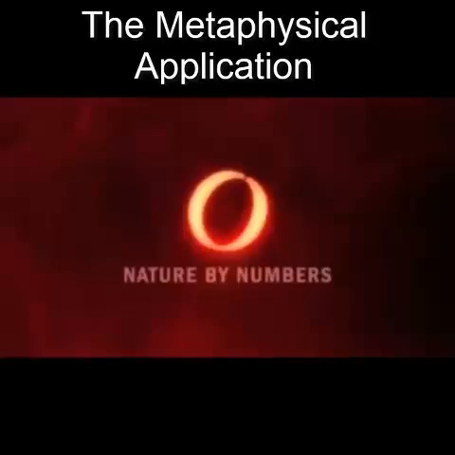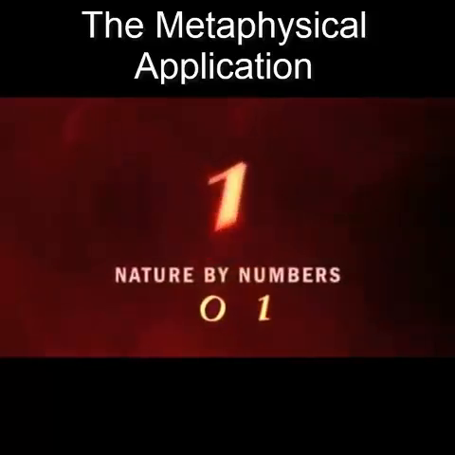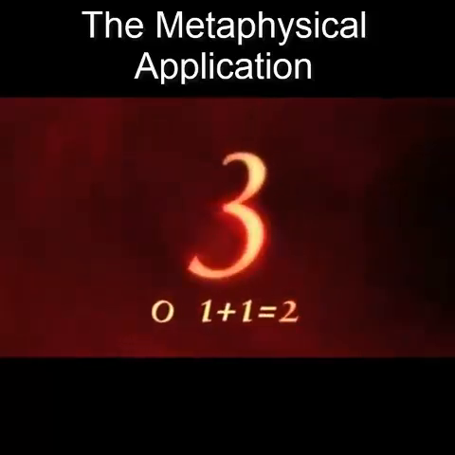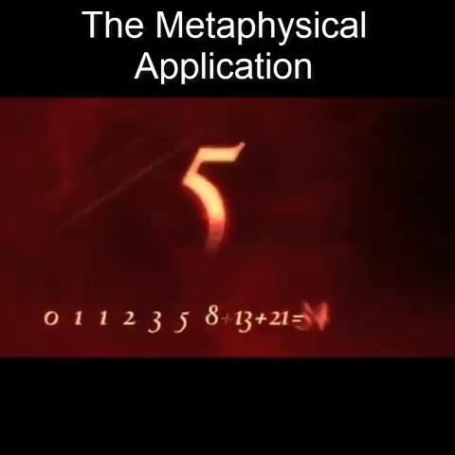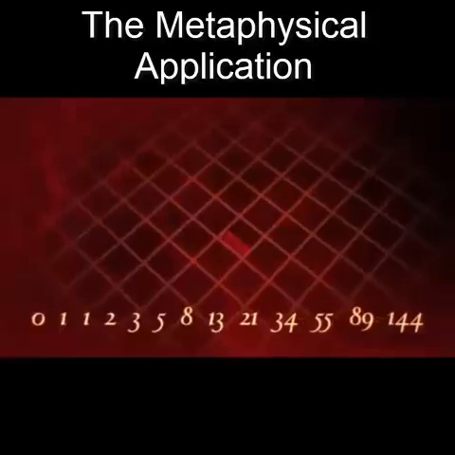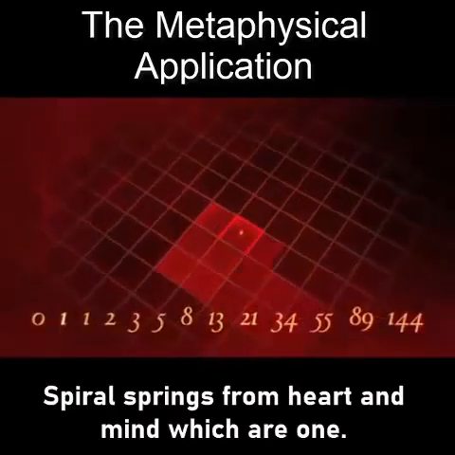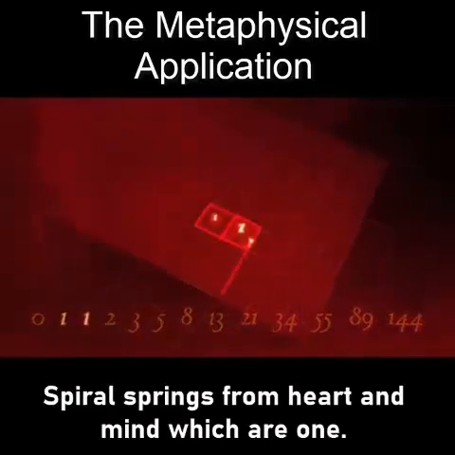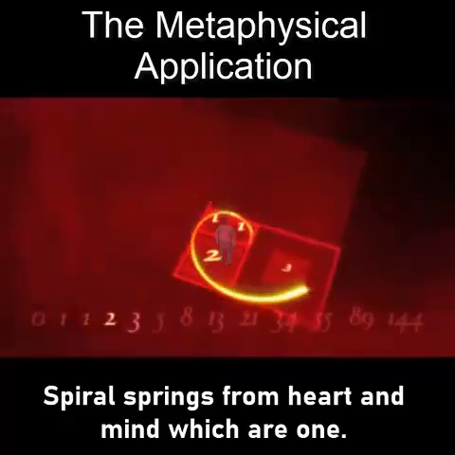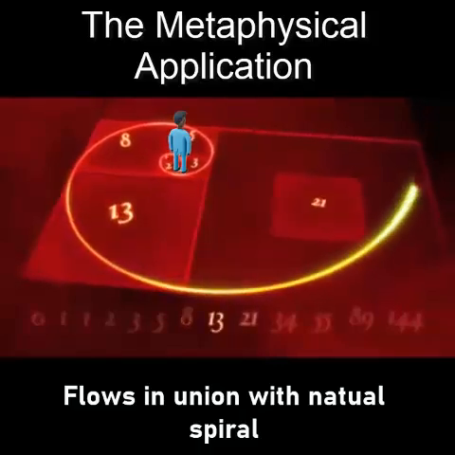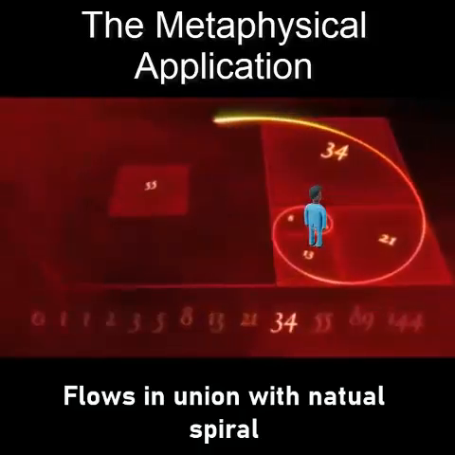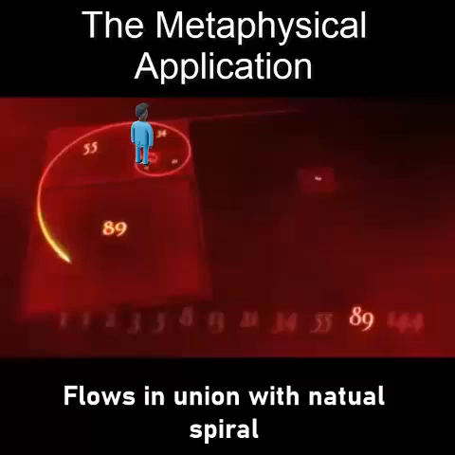So let's get into it. We already understand how the numbers are formed, which I will still delve into. But the most important aspect is the formation of the spiral, which you will visualize springing forth from your mind and your heart. And because you see yourself flowing in union with this natural pattern, things will manifest for you more easily.